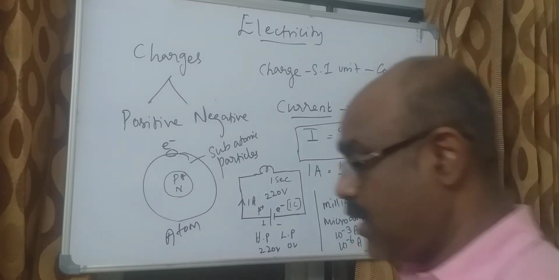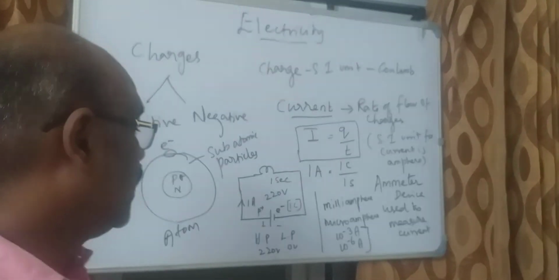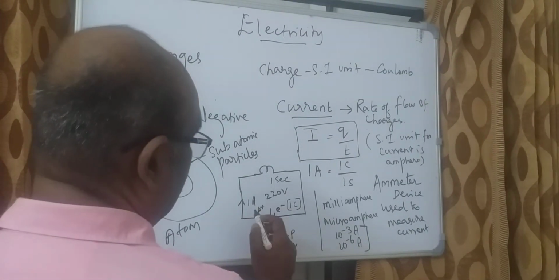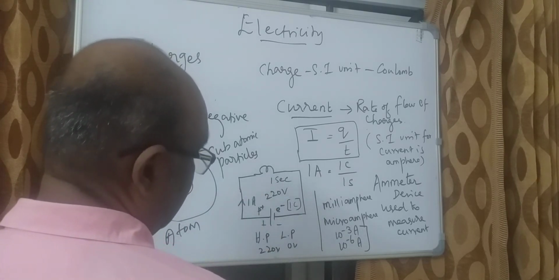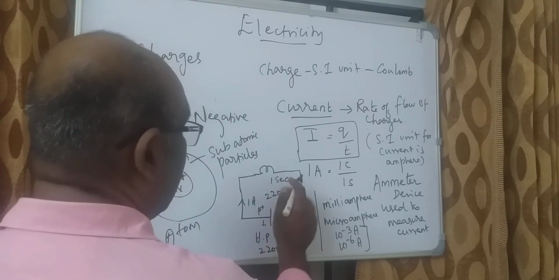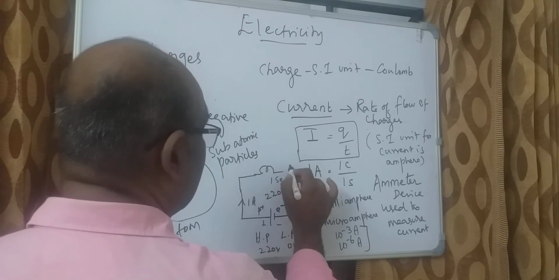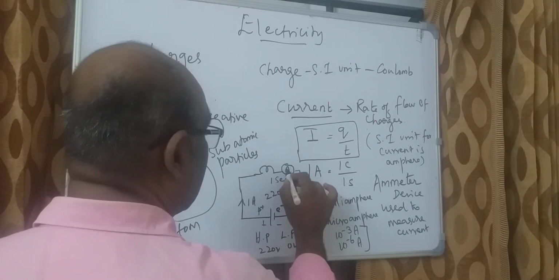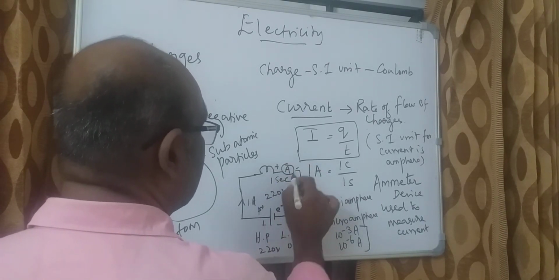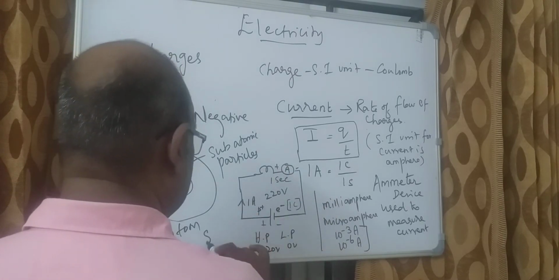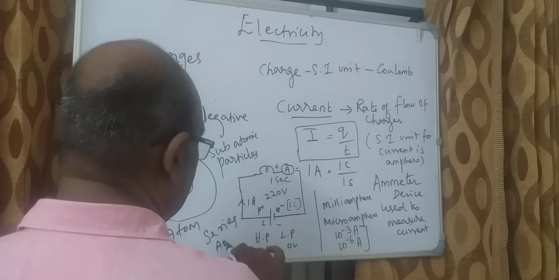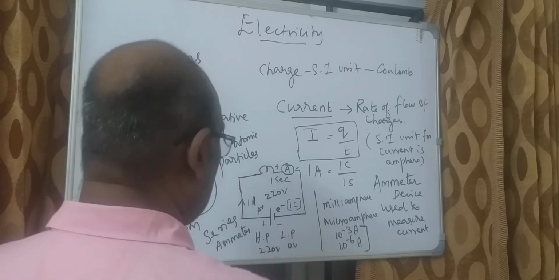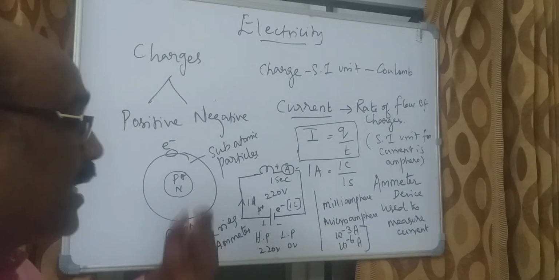And one more point you should know: if we take a circuit and I want to measure how much current is flowing, I can connect an ammeter here. The ammeter should always be connected in series in an electric circuit.